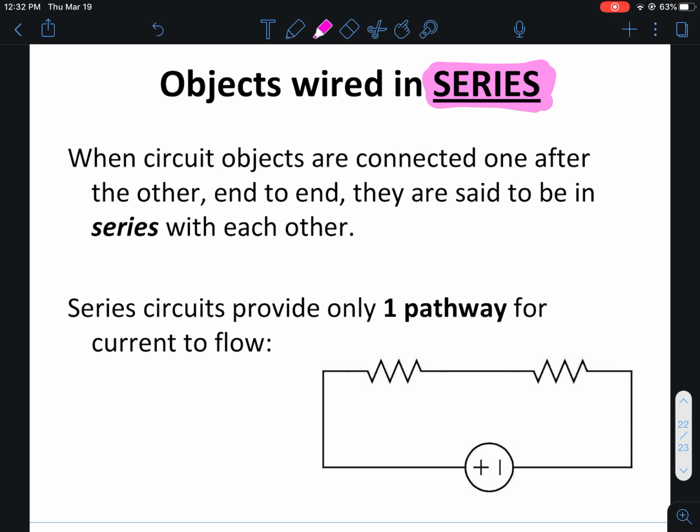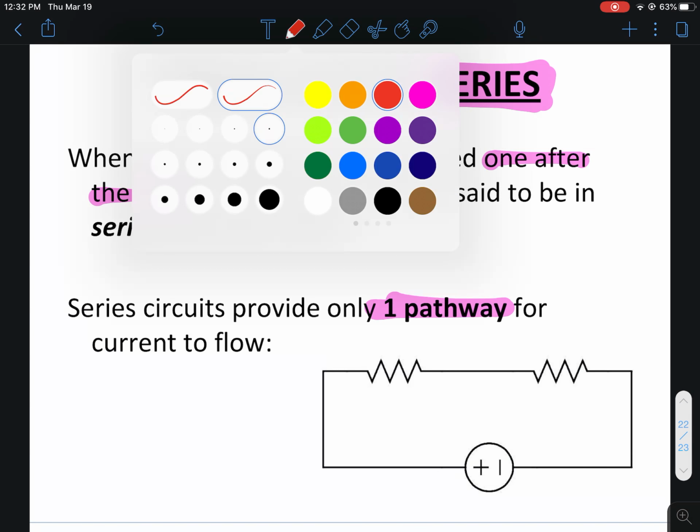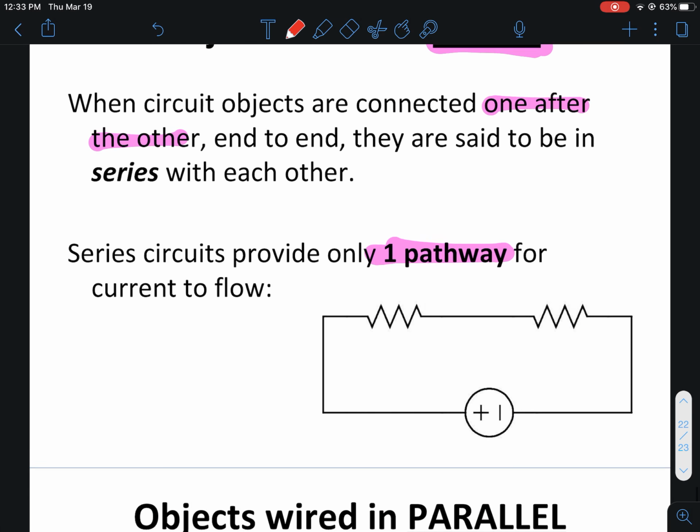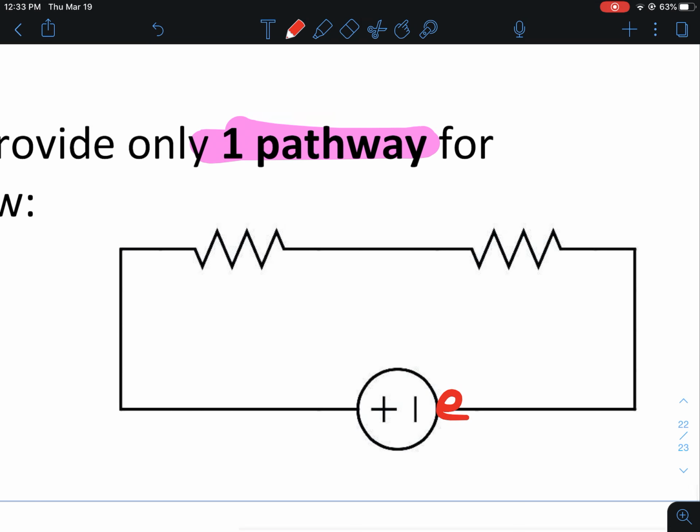There's only one way for current to flow through a series circuit, and that is from start to finish. If they're connected one after the other, the current only has one pathway, and that's very important. So if we think about Mr. Electron here, Mr. Electron is leaving the battery source right there. He goes down this wire here.